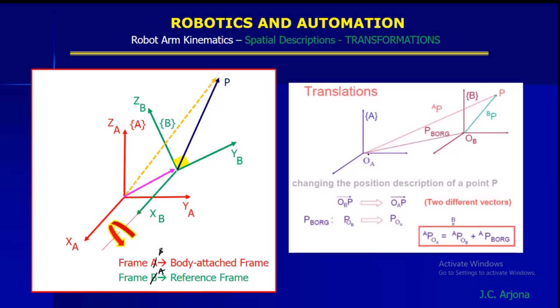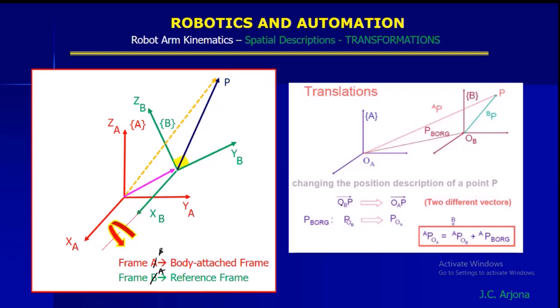We establish a triangle between the two frames. So here is the vector, which we call PBORG to A. And the vector with respect to frame B is P to B. And this is the point P in question, for which we are going to determine the final position, the P to A, this one.